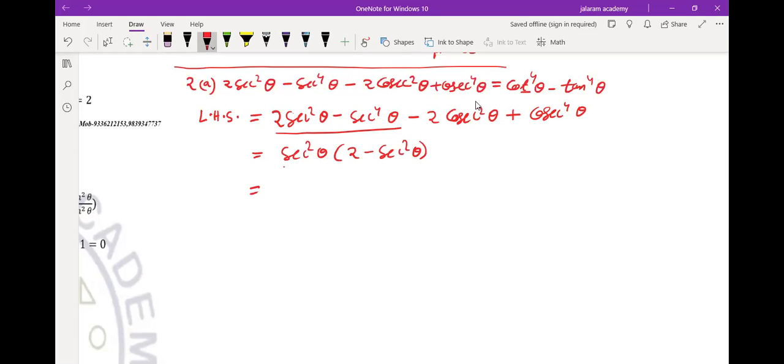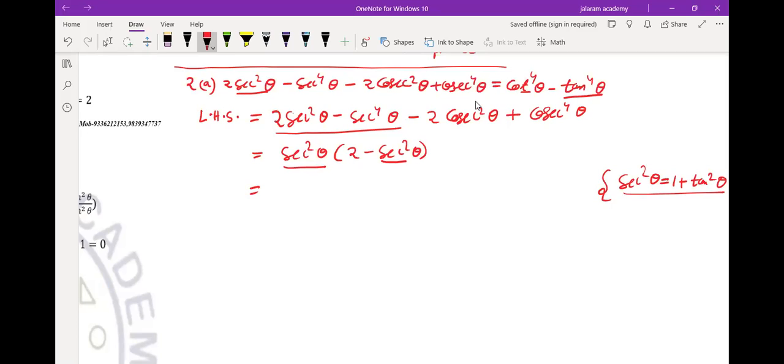And now we can convert this sec square theta to 1 plus tan square theta, as we have already discussed. In the left hand side we have sec square theta, and we have to bring tan square theta, so we can replace sec square theta directly by using the identity sec square theta equals 1 plus tan square theta, which we will do in the next step.